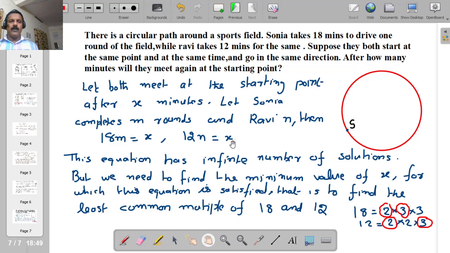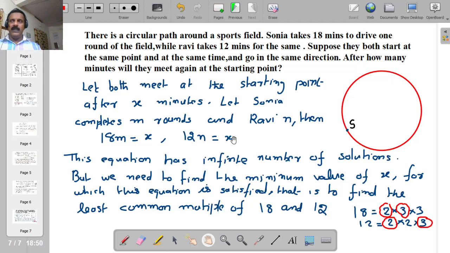There are so many X satisfying this condition, but our aim is to find the minimum value of X that satisfies this equation. Now the problem reduces to finding a common multiple: the lowest common multiple of 18 and 12.